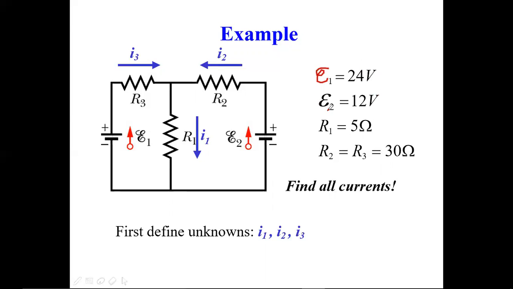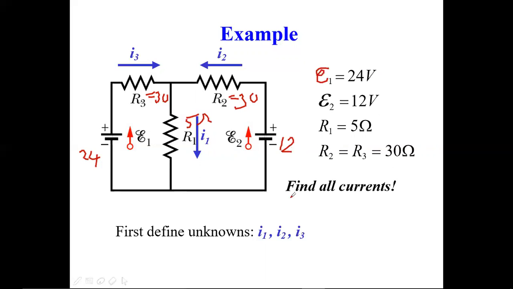E2 is 12 volts. R1 is 5 ohms. R2 is 30 ohms. R3 is also 30 ohms.